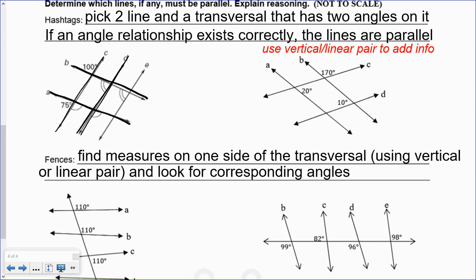Currently, there is no relationship. But could I use vertical? Yes. Can I move an angle right here? Okay. Now these angles are supposed to be supplementary, but you guys don't have any measures. So that's not enough information right now to see if they are parallel. So we don't have measures right now, right?